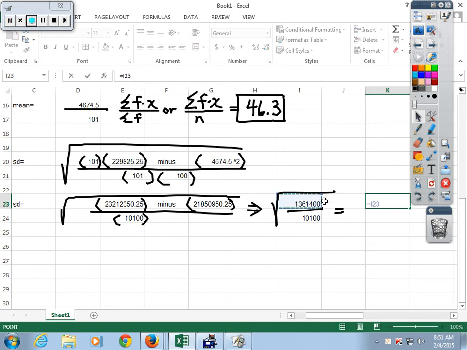This number divided by this number, and that's 134 blah blah blah, and then I'm going to just go down here and put equals this number raised to the 0.5 power, or 1/2. You can put 1/2 in parentheses, but why would you? All you got to do is put 0.5. I got 11.6. What'd y'all get?